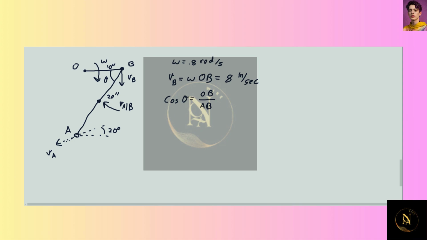Because in the actual question, we're given that at this point, O and A are in a vertical line with each other, even if my drawing is a little bit off there. So we can use the fact that we have a right triangle here and find that theta is exactly 60 degrees at this point.